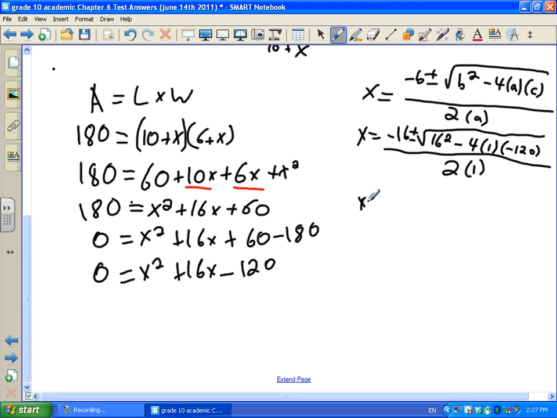So next line reads x is equal to negative 16 plus or minus the square root of 256, and then negative 4 times 1 is negative 4. Negative 4 times negative 120 is positive 480, divided by 2.